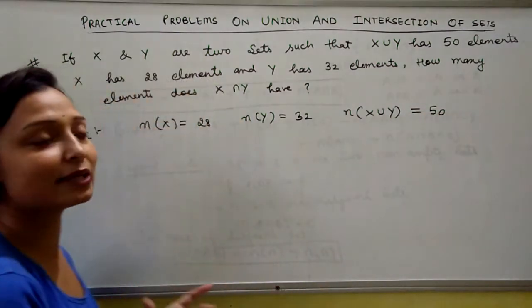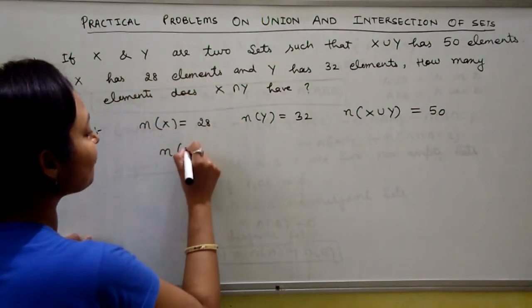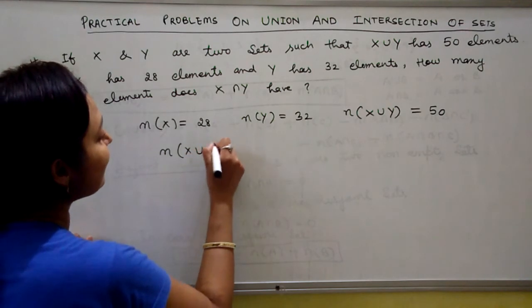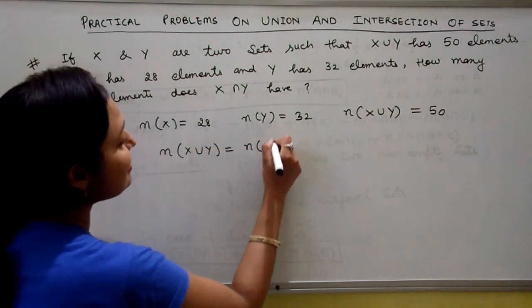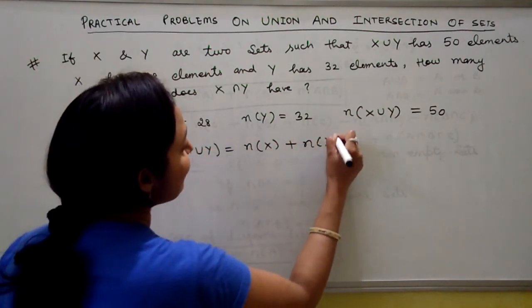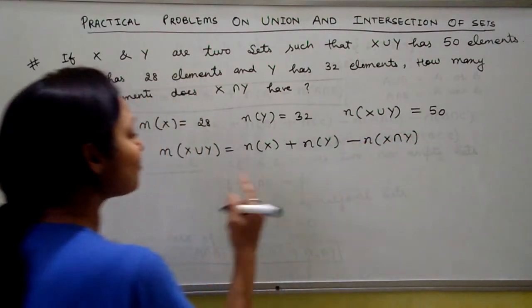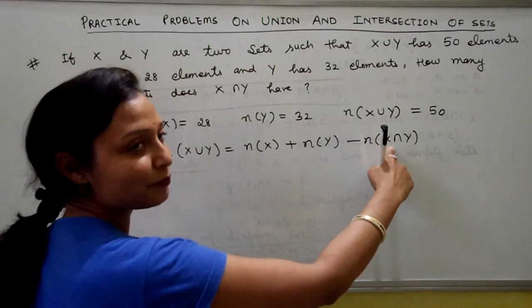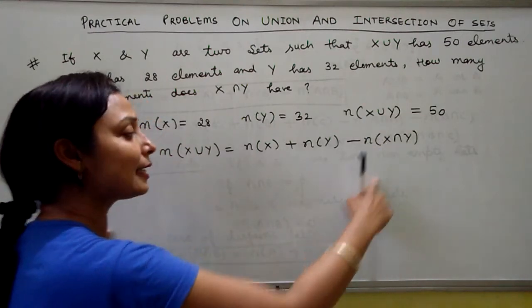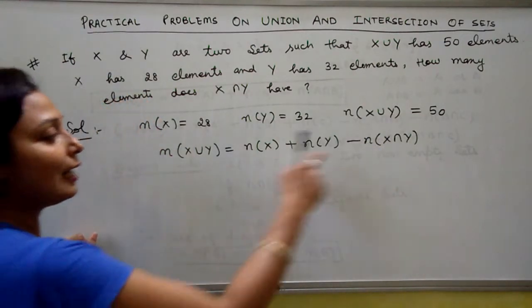Everything is given. We have the formula: n of X union Y equals n of X plus n of Y minus n of X intersection Y. But we want this, so you can take this negative element here.